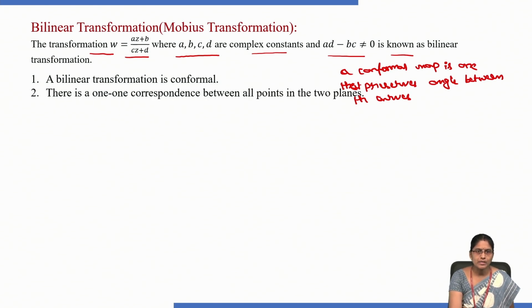Next, second point is there is one-to-one correspondence between all points in two planes. So one-to-one correspondence means here take two planes.